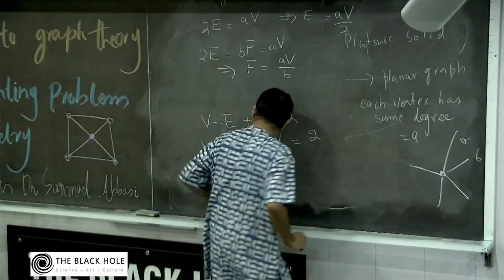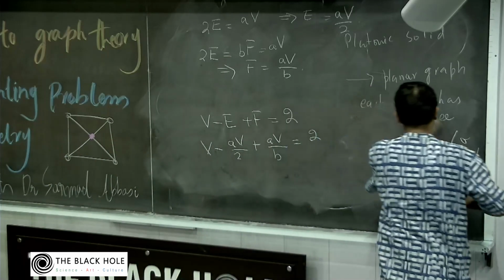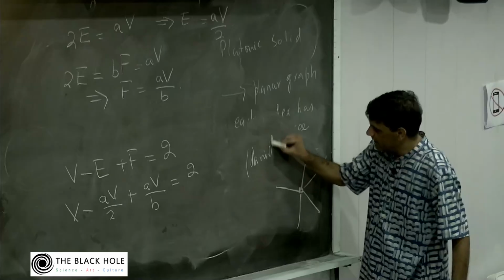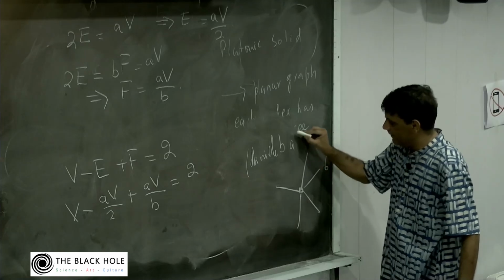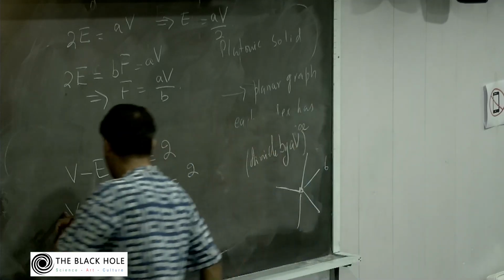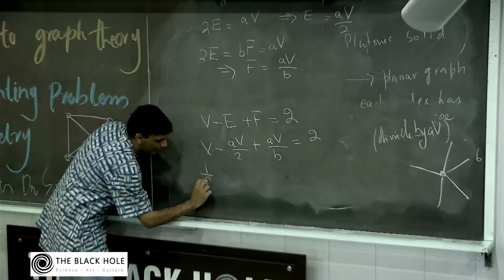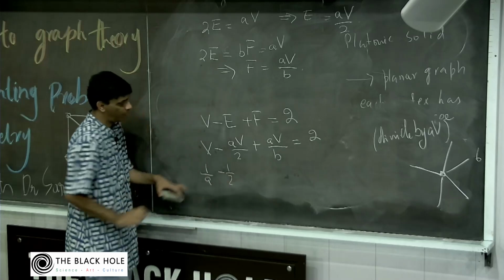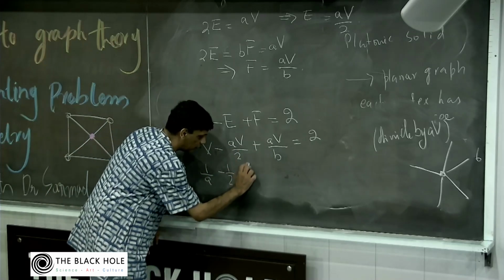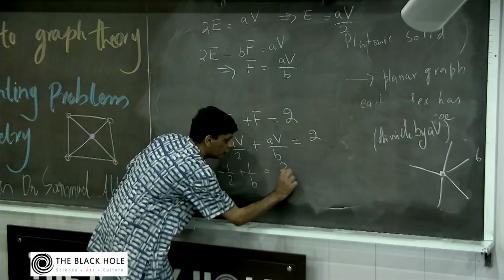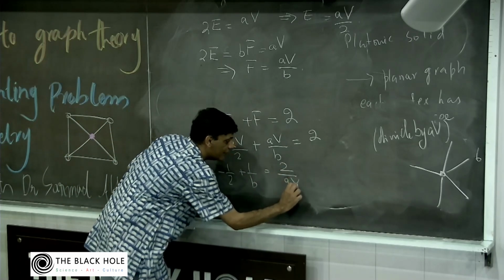So let's be clever. If you do your homework and divide by AV. Okay, so if I divide this by AV, I get 1 over A minus a half plus 1 over B, okay, is equal to 2 over AV.